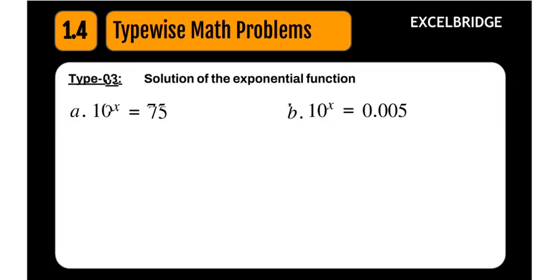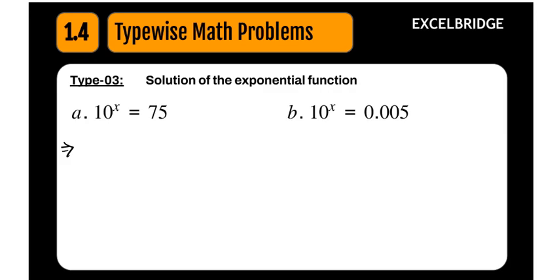So type number 3, solution of the exponential function. We need to solve this equation. So let's see. 10 to the power x equals 75. We can take a logarithm on both sides.